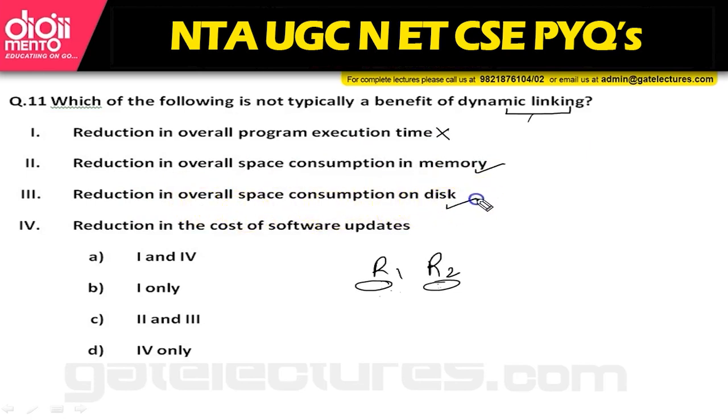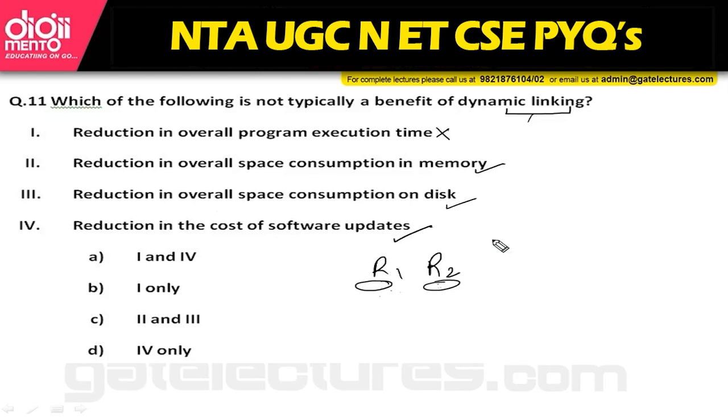Next is reduction in overall space consumption on disk. This is also right, because we are running our program and linking is done at the runtime, so obviously the space consumption is low in dynamic linking because we are not acquiring our resources beforehand. Now the last option says reduction in cost of software updates. This is also right, because in static linking we hold our resources from the very beginning.